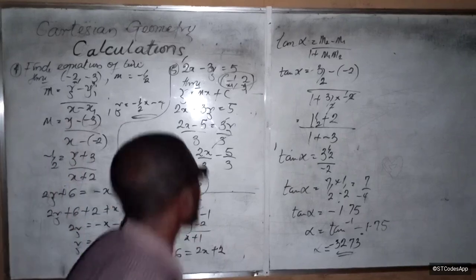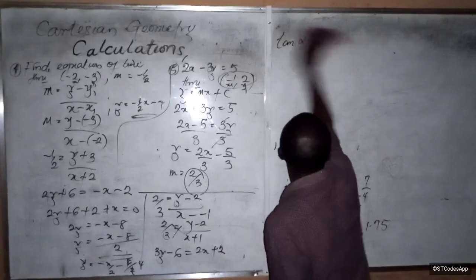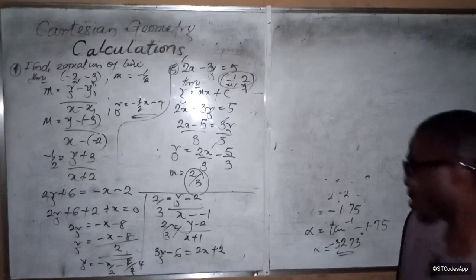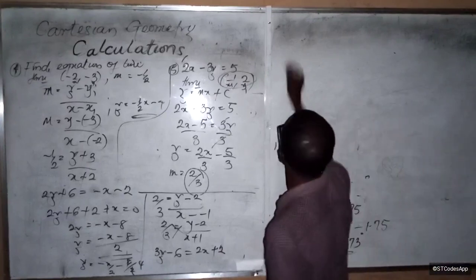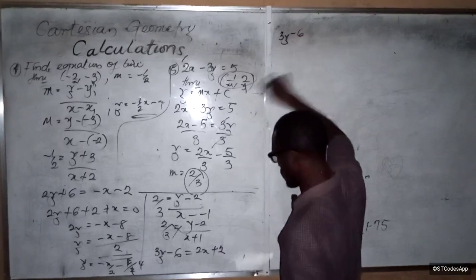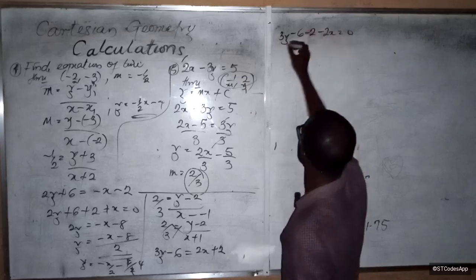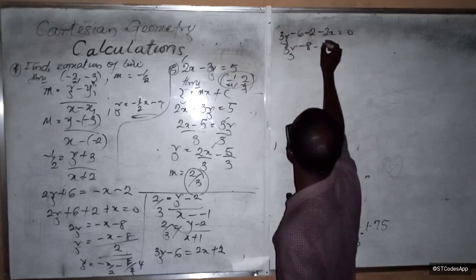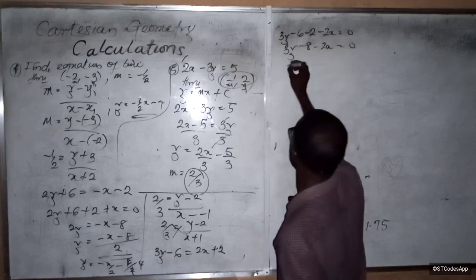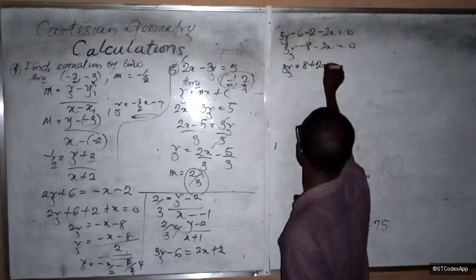So with this, we'll have 3y minus 6, let's bring everything together first, minus 2 minus 2x is equal to 0. So 3y minus 8 minus 2x is equal to 0. So let's take these guys to that side. We have 3y is equal to 8 plus 2x.